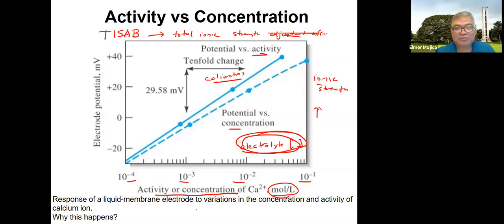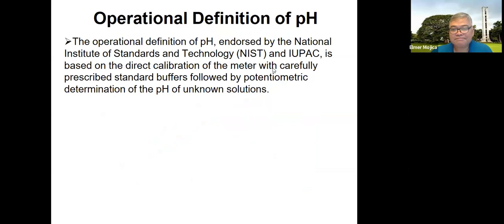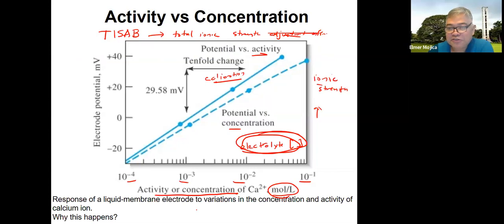Now another way to do it is, if you have a problem with this one, maybe you can do some sort of standard addition method. Because in the standard addition, you're just adding known concentration, to see if your potentiometric measurement is accurate.